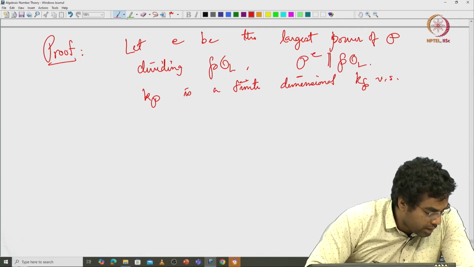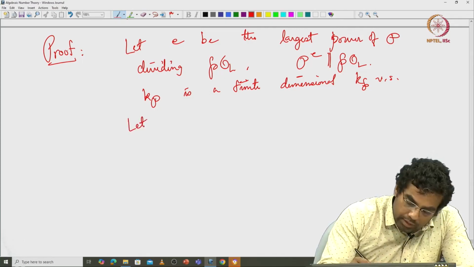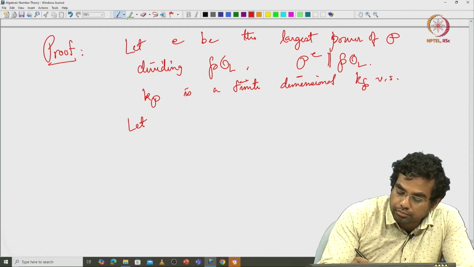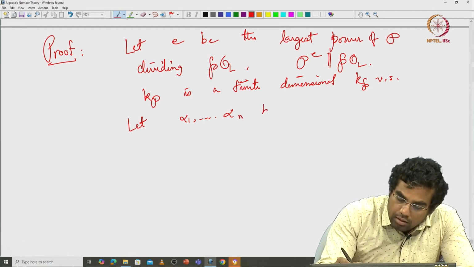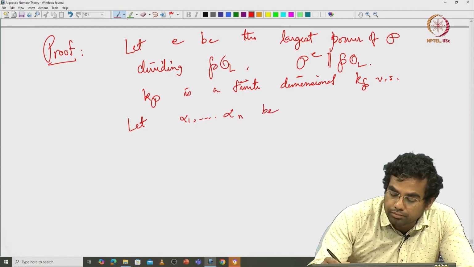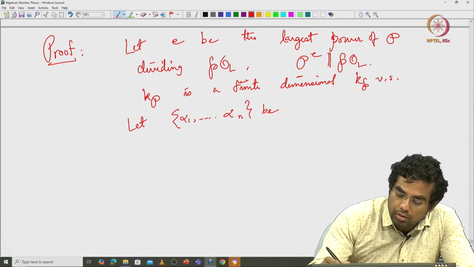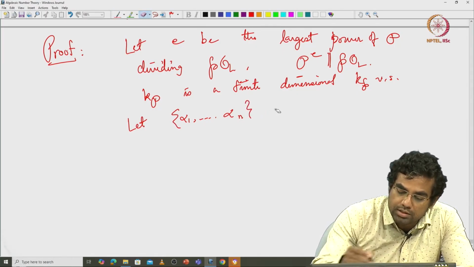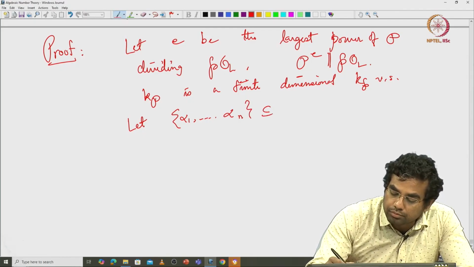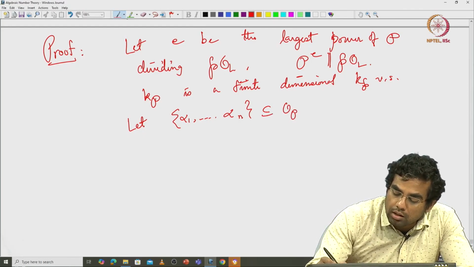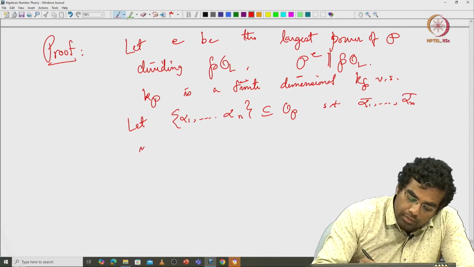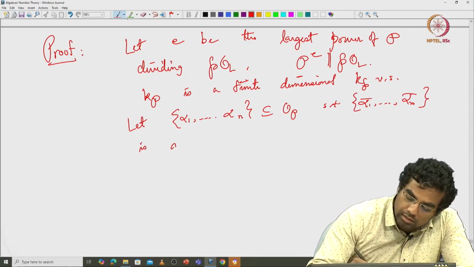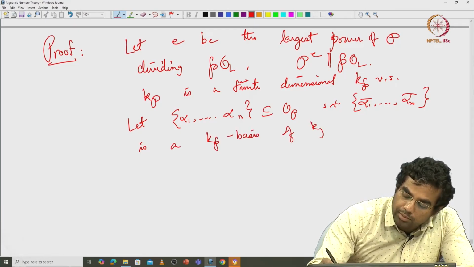So, what I can do is let alpha 1 up to alpha n be a subset of O_P such that alpha 1 bar up to alpha n bar is a K_p basis of K_P, right.